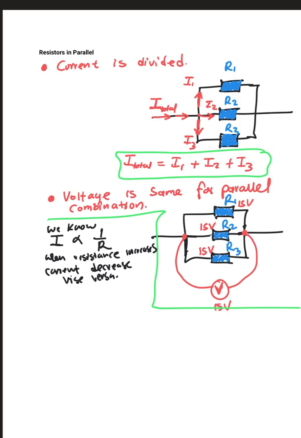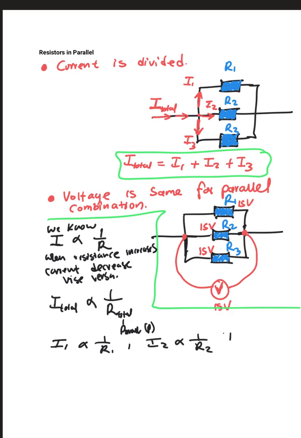So it means that we have a situation where I total is going to be inversely proportional to what? To R total. But this one is for parallel, RP, right? And then we have I1 inversely proportional to R1, I2 inversely proportional to R2, and I3 inversely proportional to R3.